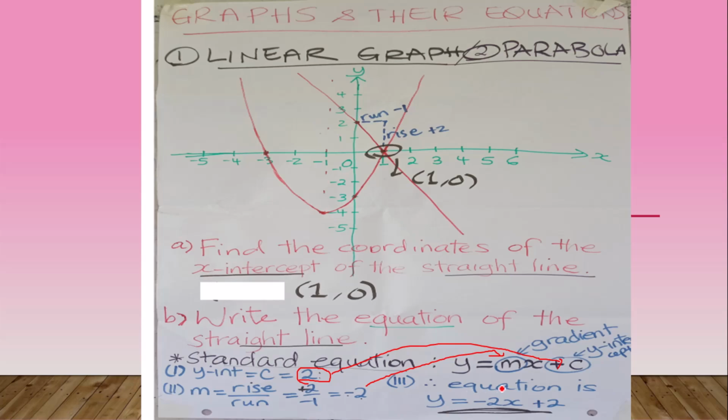And this is our equation: y equals -2x plus 2. Take note, when you write your equation, make sure you line it up nicely in the standard form. The letter must come first with the gradient, and then the constant number comes after.